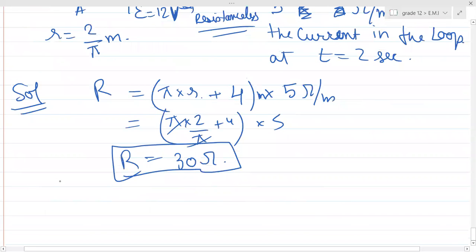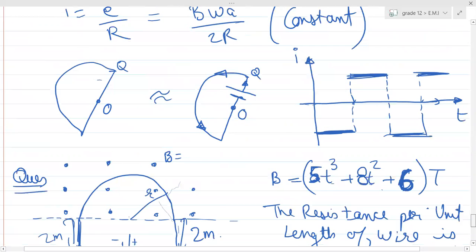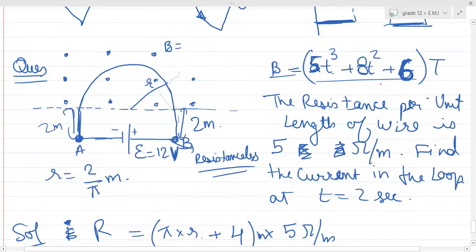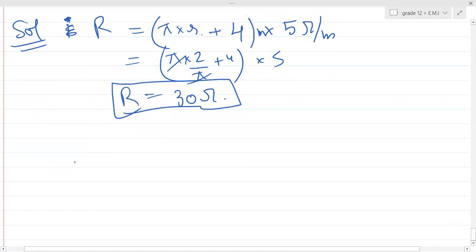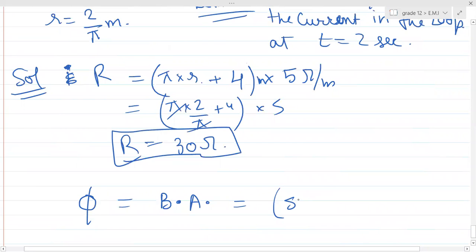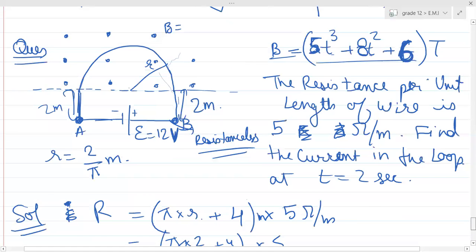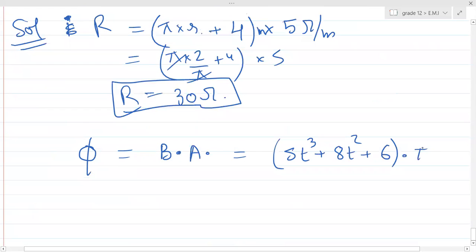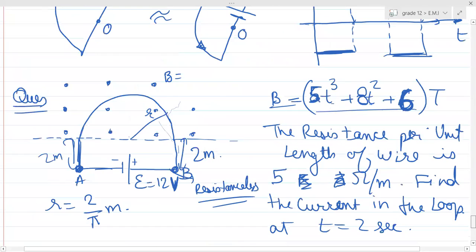Okay. Now, can you see over here the magnetic field is varying with time? So if the magnetic field is varying with time, then the flux will be equals to B multiplied by A, which will be equals to, what is the magnetic field? 5t cubed plus 8t square, multiplied by area is pi r square, because only that area is inside the magnetic field.